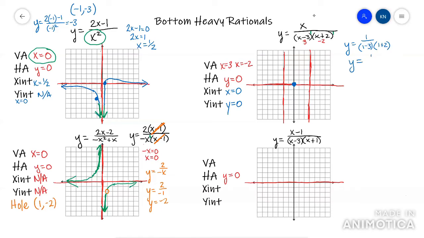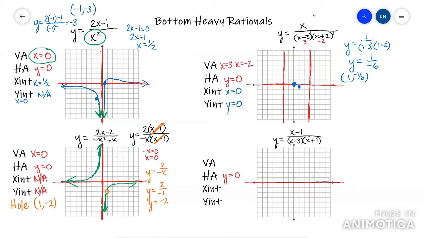If you do this, you'll get 1 over -2 times 3, which is -6. So I plugged in a point and I got the coordinate 1 comma -1/6. That's here. Okay, this tells me a lot.